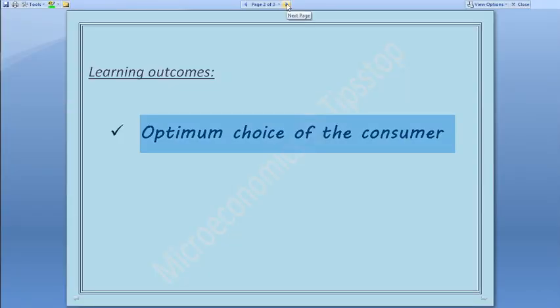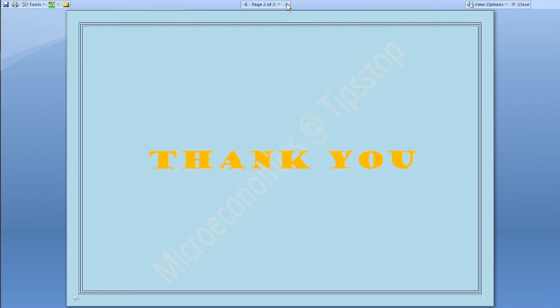So that's how you combine indifference curve and budget line. The indifference curve is satisfaction. The budget line is the budget, the price and the income. And that's the ordinal utility analysis to find where the consumer is in equilibrium. That's the optimum choice, the optimum bundle.